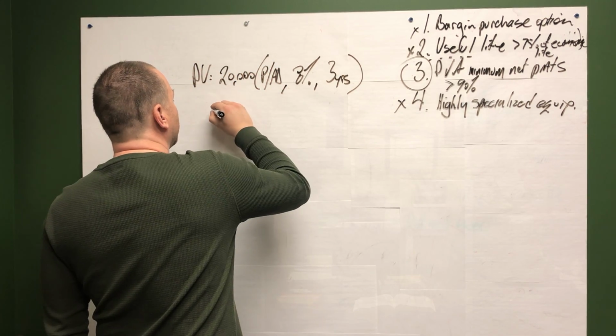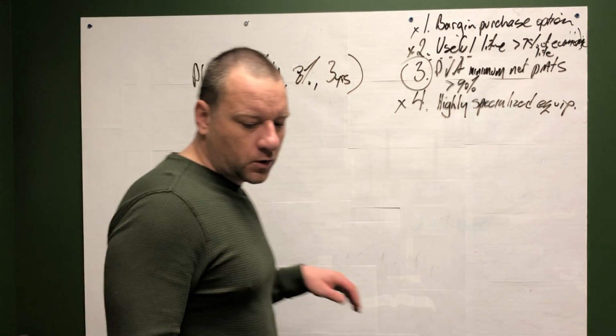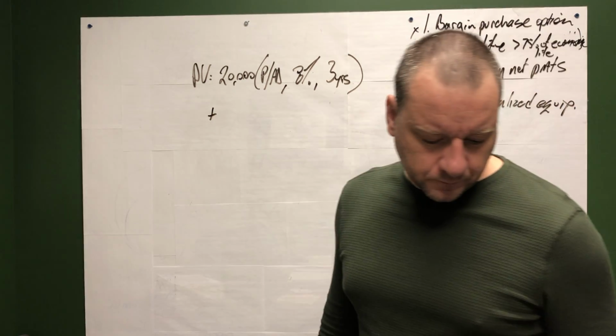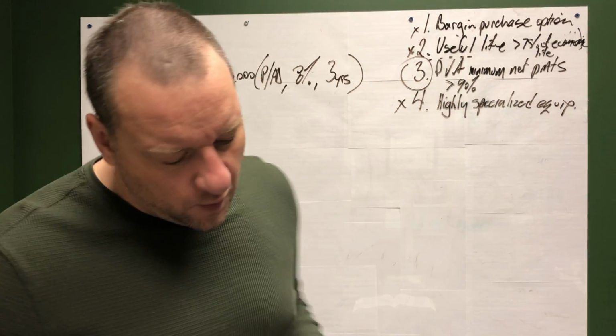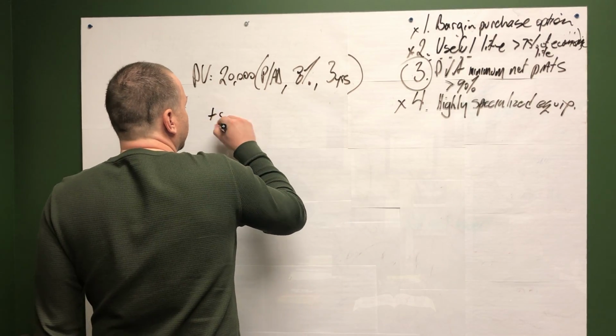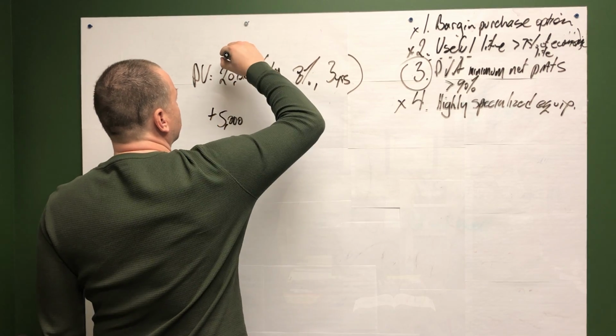Now we're also going to add in the additional $5,000 payments. This calculation is a little trickier, but once you get the hang of it, it's not. So this is for the initial term.